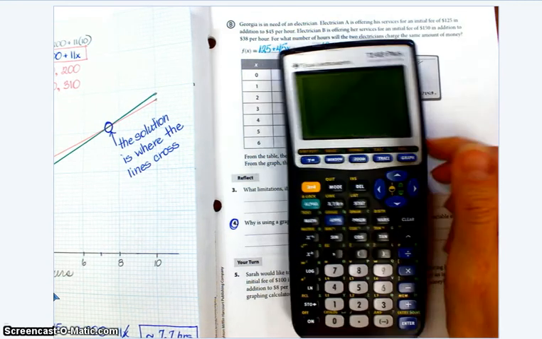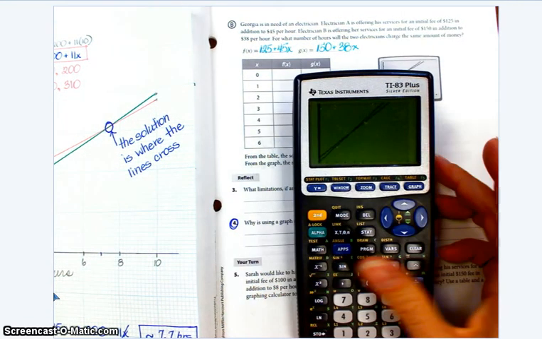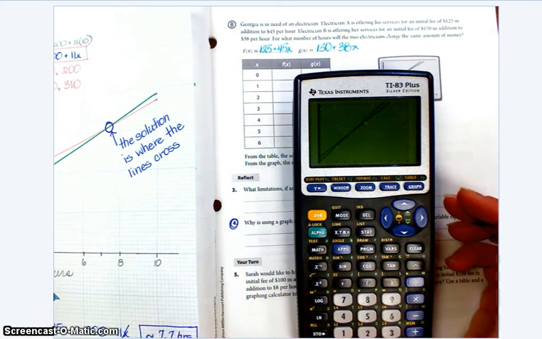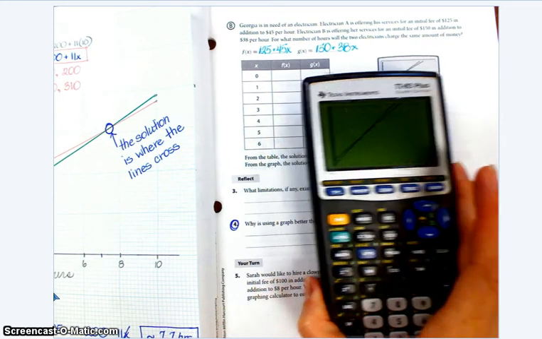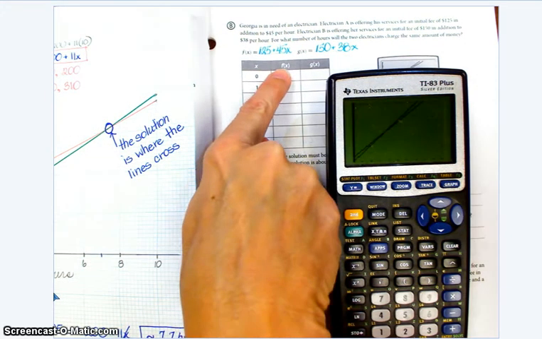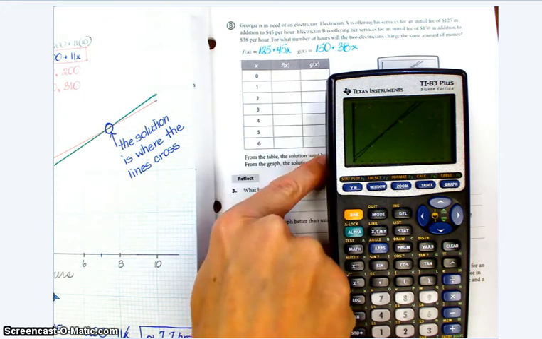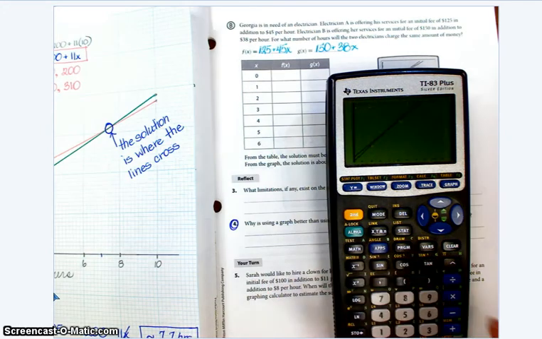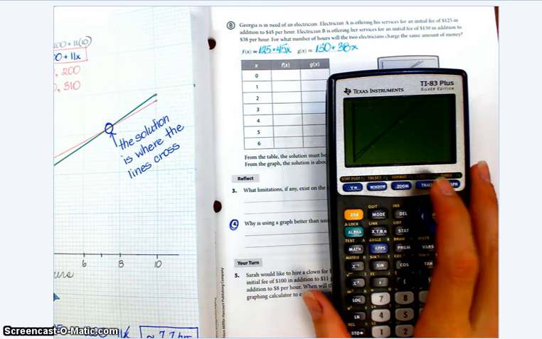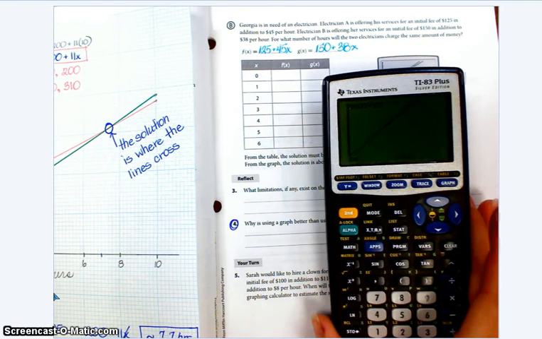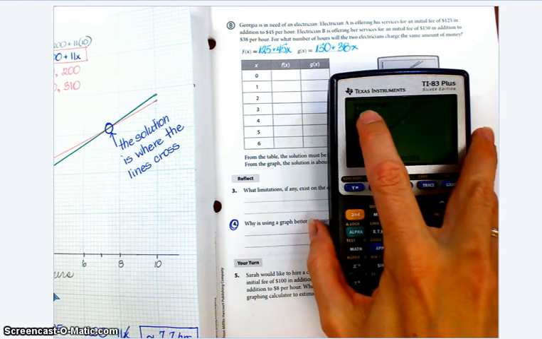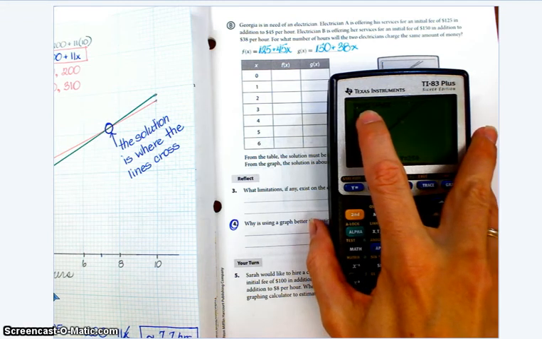All right, and then I'm going to remind you that you can actually, if you want, see what your f of x or g of x values are when your x values are certain things. So if you hit the trace button, right now it's showing you that it's talking about the equation 125 plus 45x.